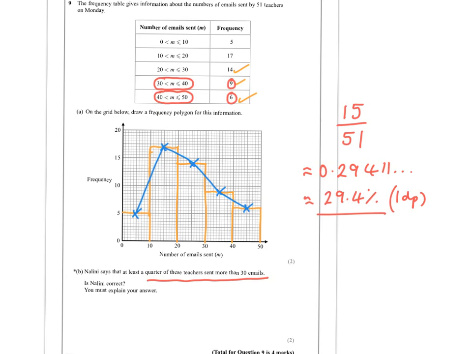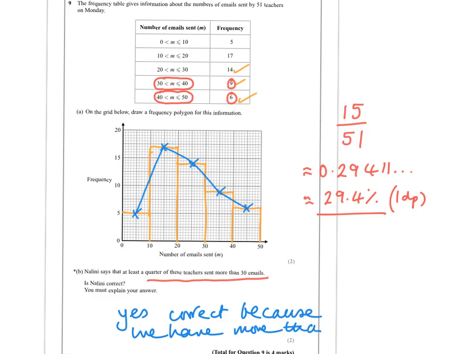So you've got to answer the question, is Nalini correct? And yes, correct, because we have more than a quarter. Okay, and you've got your workings here to show that.